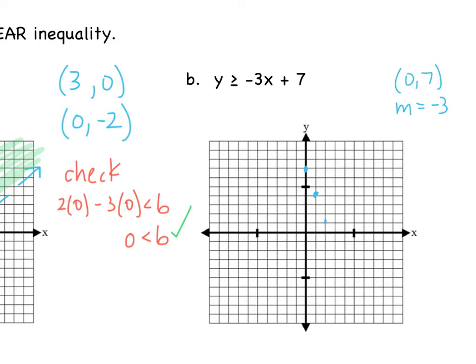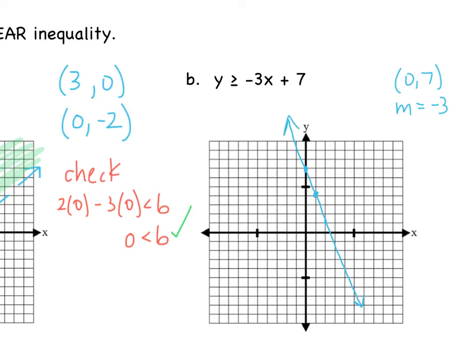And now we need to double check, is this going to be a dashed or solid boundary? And since it's greater than or equal to, now I know it's going to be a solid boundary, which is different from the previous example. So we can go ahead and draw our solid line straight through those points. Okay.